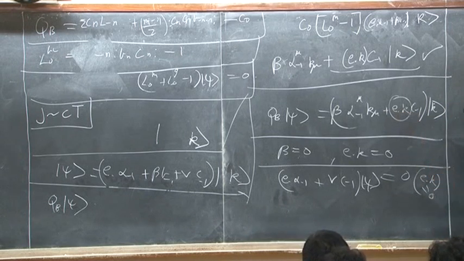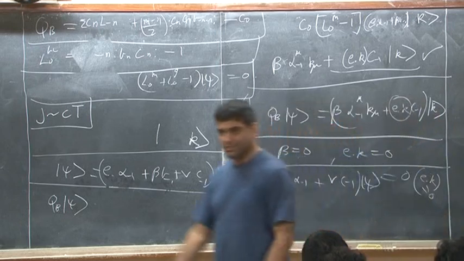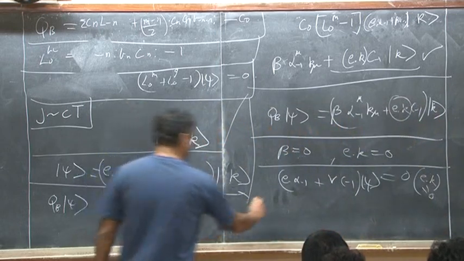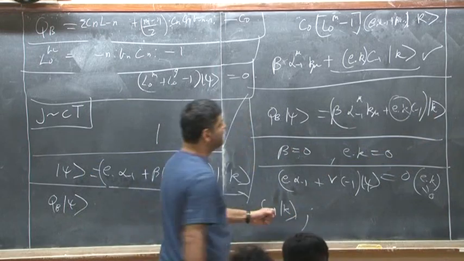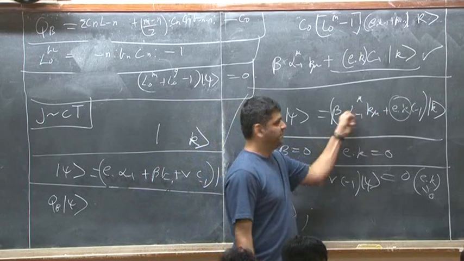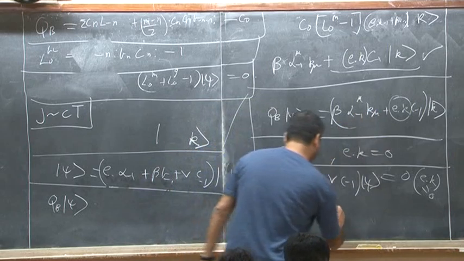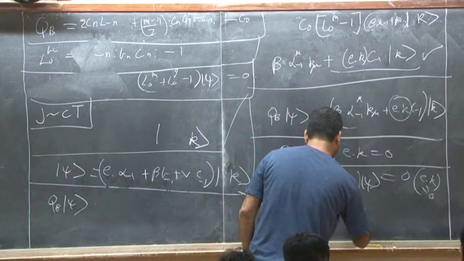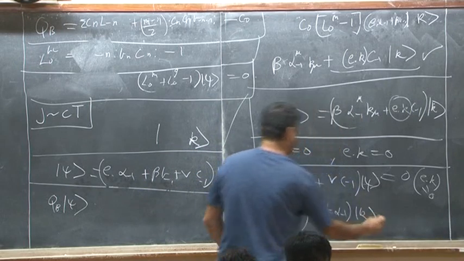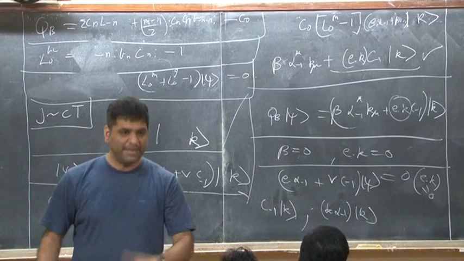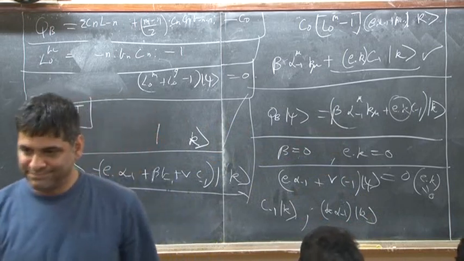So what are the exact states? They are spanned by c minus 1 on k and k dot alpha minus 1 on k. These are the basis of exact states.